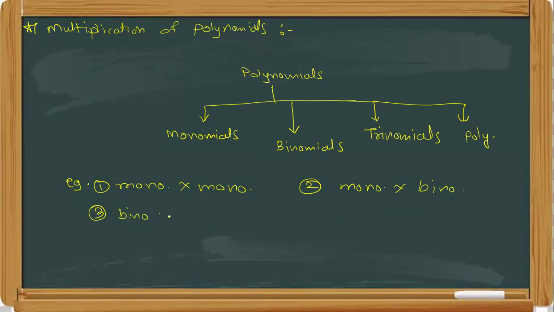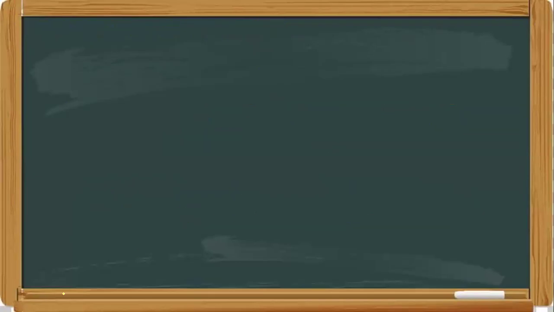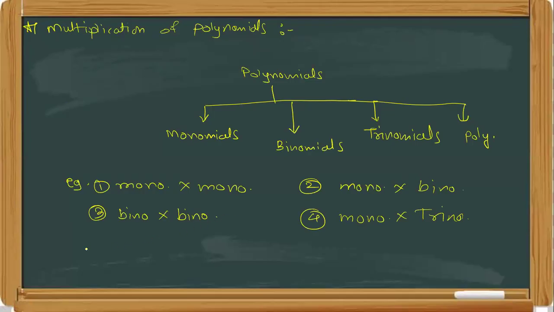Monomial into trinomial. Fourth one, binomial into binomial. Very good. Fifth, trinomial into trinomial.